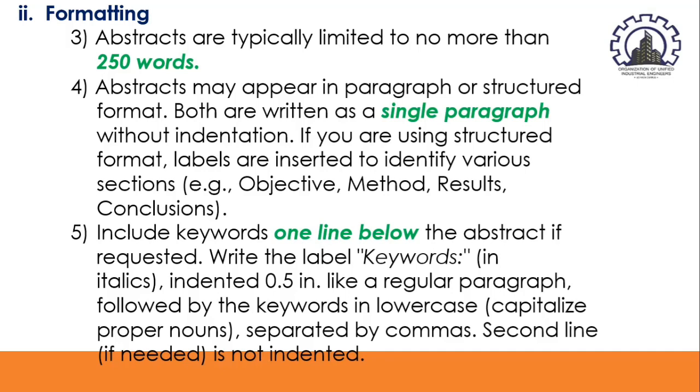And it should also include keywords one line below the abstract if requested. Write the label Keywords in italics, okay? It should be italicized, indented 0.5 inch like a regular paragraph, followed by the keywords in lowercase, capitalizing proper nouns, separated by commas. And a second line, if needed, is not indented.